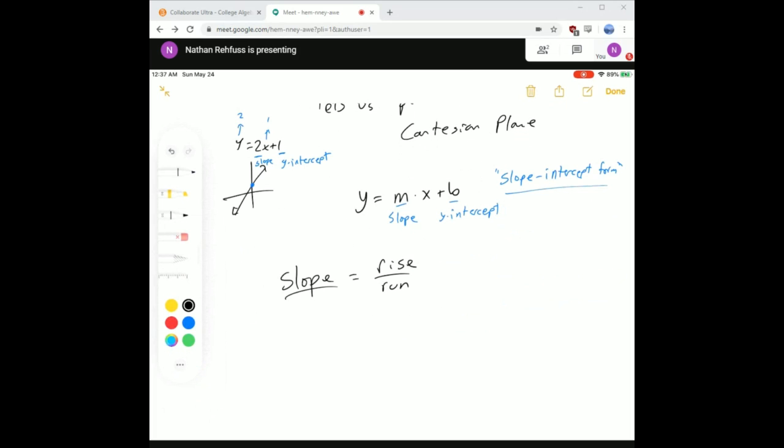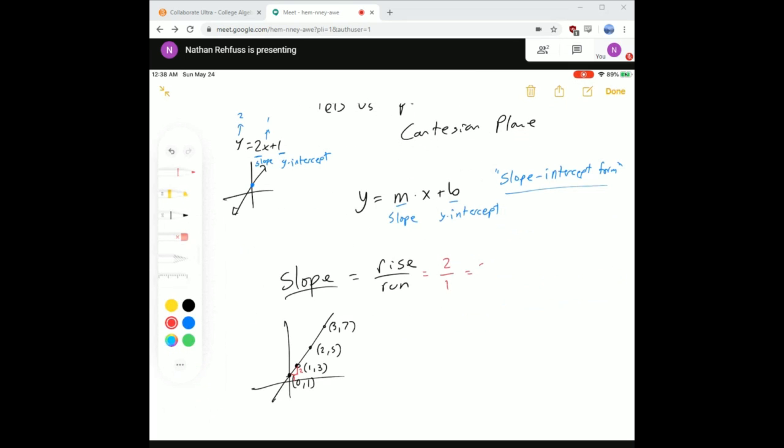So for example, on this line, y equals 2x plus 1, I have this point 1, 3. I have 2, 5. I have 3, 7. I have 0, 1. So if I go from 0, 1 to 1, 3, I went 1 to the right and 2 up. So that's a run of 1 to the right and a rise of 2.